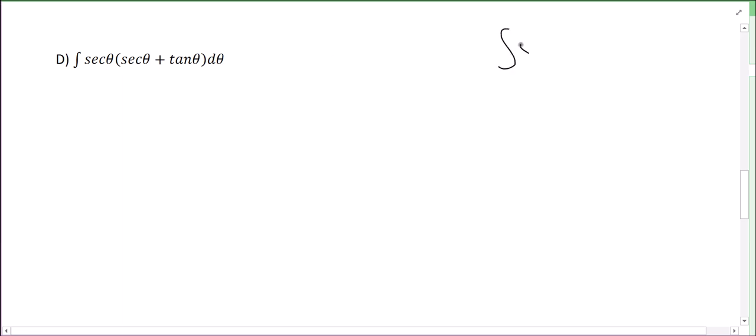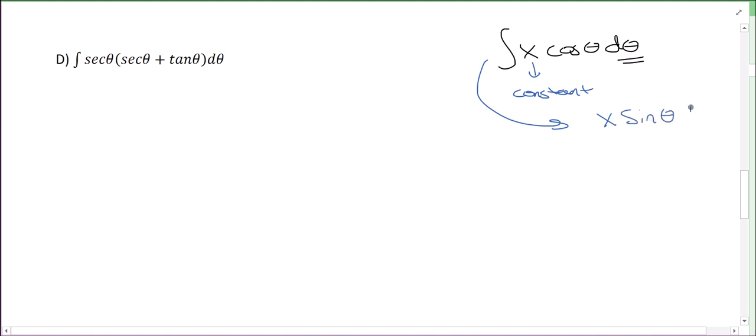So even if I had something like x and then cosine theta d theta, right, then this tells me this is the derivative of something with respect to theta. So that means that x is a constant and the variable is theta. So this will just be x, and the antiderivative of cosine is sine of theta plus c.